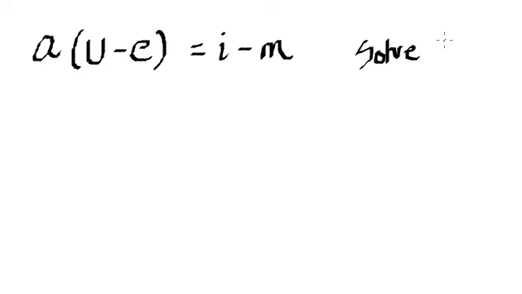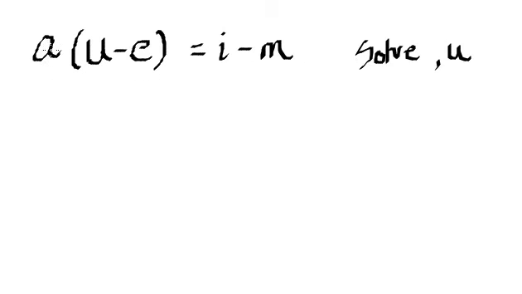U minus E. Close parentheses is equal to I minus M. And we're going to solve for U. All right. We're going to do this just for U. Okay. This U is the same as that U. That looks like a capital U there, but they're actually the same. So we want to solve for U in this problem.